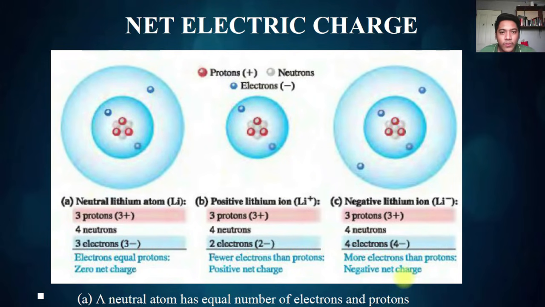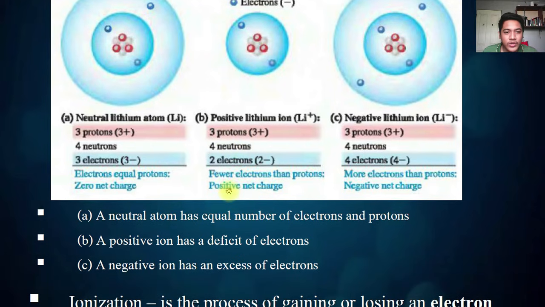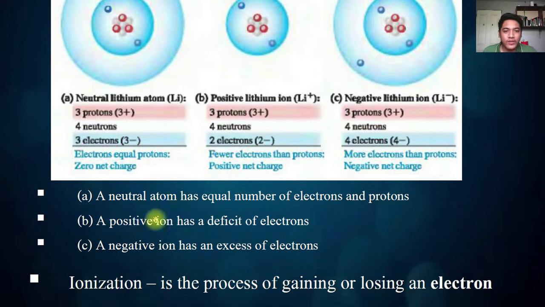So, a deficiency in electrons we call positive net charge. A surplus of electrons in an atom or in an object we call a negative net charge. If the number of electrons is equal to the number of protons, we call that a zero net charge or neutral charge. So, a neutral atom has an equal number of protons and electrons.